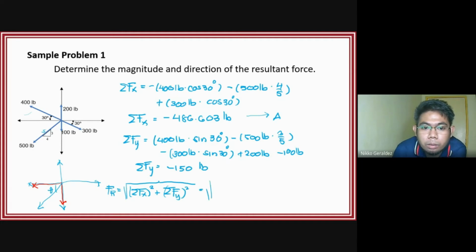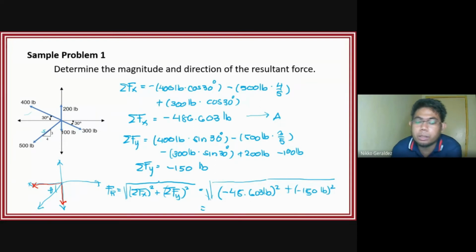So, square root of negative 486.603 pounds squared plus negative 150 pounds squared. So, resultant force is equal to 509.197 pounds.